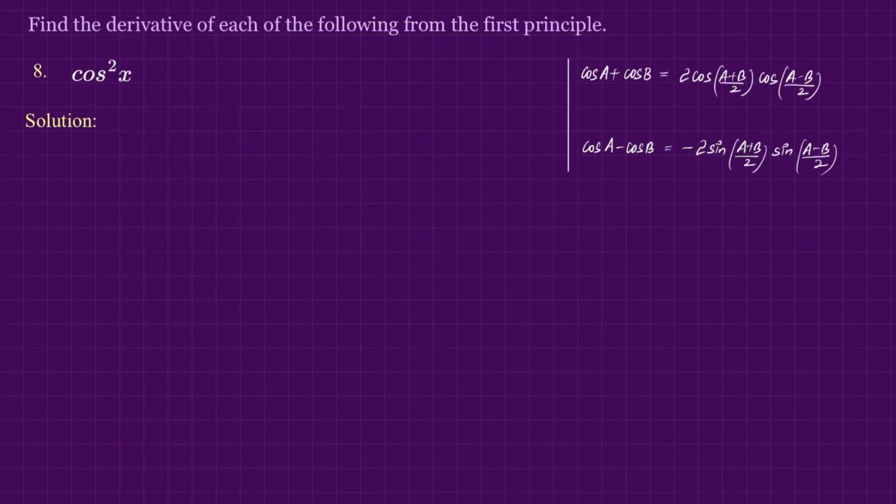Okay, next I have cos square x. So let y equals cos square x, then y plus del y equals cos square x plus del x.